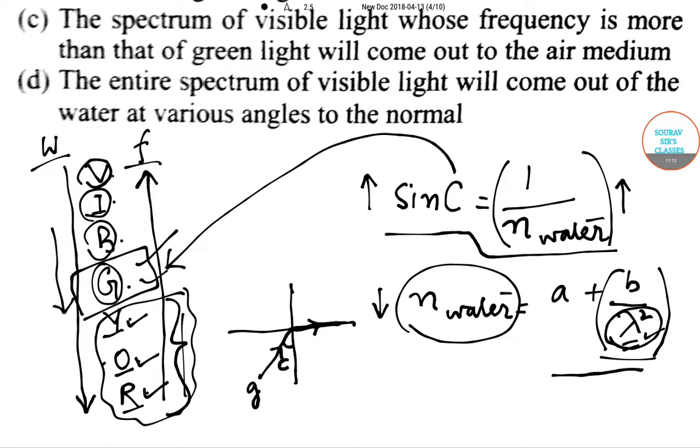So both G as well as YOR and VIB are following this path, and that is they are incident by angle C. Hence those lights, that is YO and R, will not undergo any kind of total internal reflection, or this path. Instead, they will just come out at an angle less than 90 degrees.